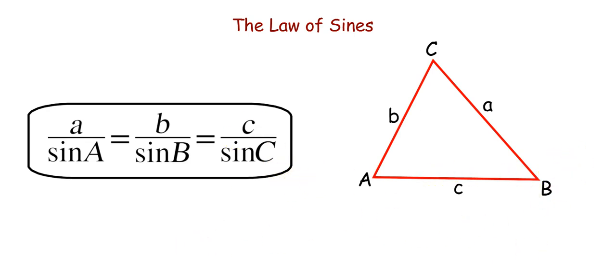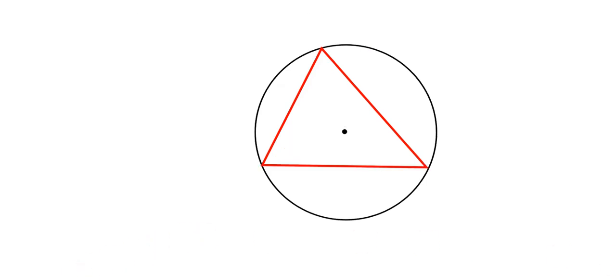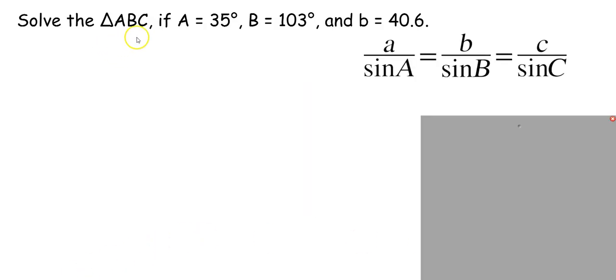So let us look at one example. Let us solve the triangle ABC if angle A is equal to 35 degrees, angle B is equal to 103 degrees, and the measure of b is 40.6 units.